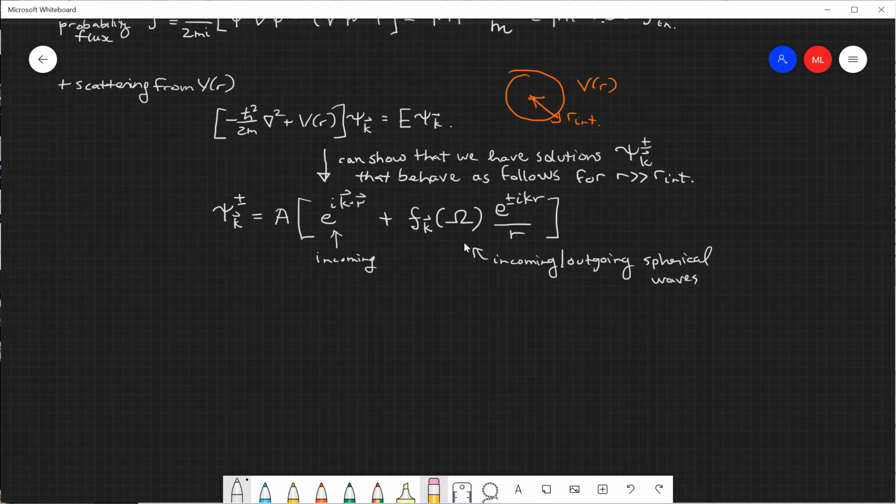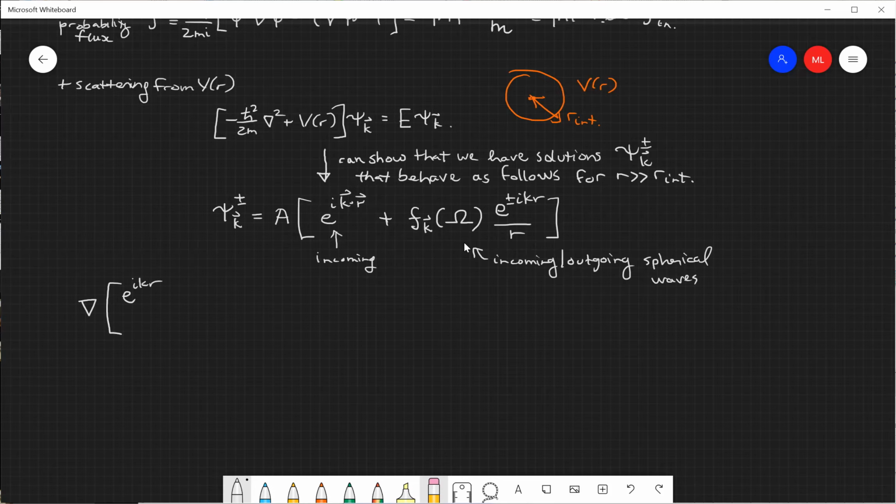Let's take the gradient of these spherical wave parts. So let's look at the outgoing spherical wave, which corresponds to the stuff that moves out away from the target, which is what we'll be detecting in our detector. This is the scattered portion.